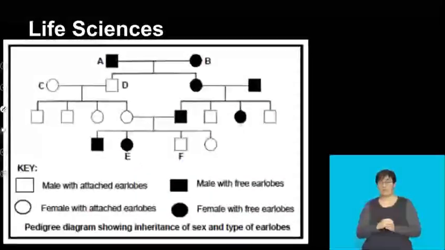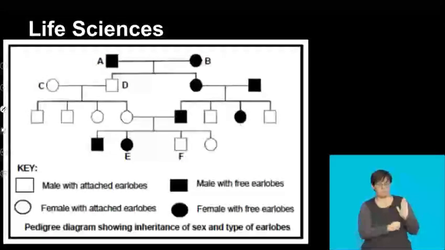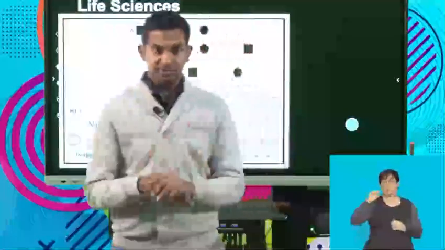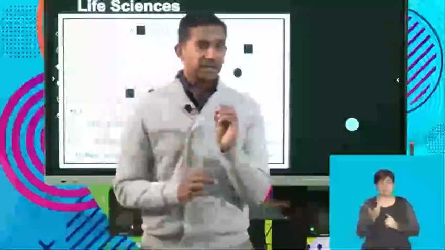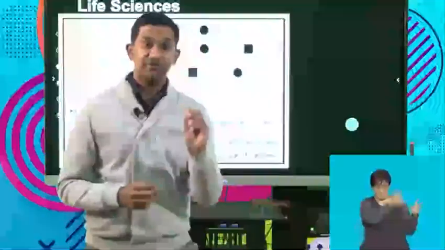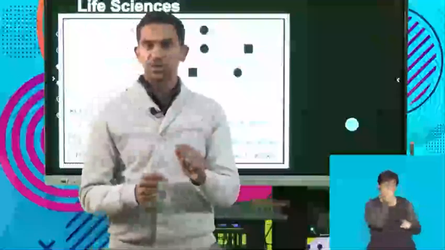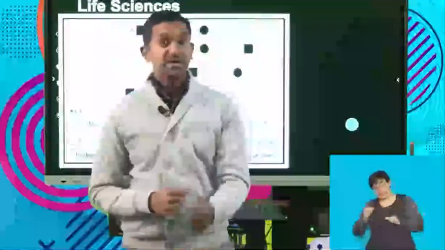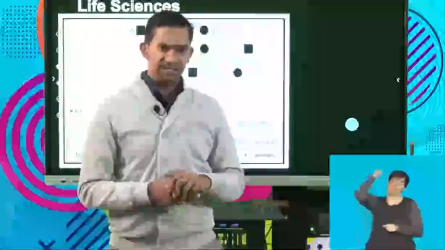So here's the diagram, and again, let's understand that in a pedigree diagram, it can be very confusing. You've got to first establish what are the genotypes of the individuals. And so I often help my learners remember that there are many clues in a pedigree chart. We've got to find the clues and use these clues to work either to the next generation or backwards a generation.